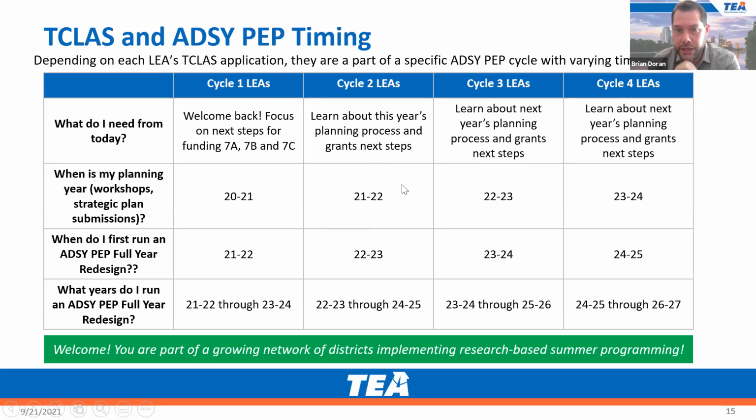You would have received your award notification saying you are approved for Decision 7. This includes planning in X year and execution in X year. So if you take a look at that and you see that you're planning in 22-23 and executing in 23-24, that means you're part of cycle 3. And then likewise for 21-22 and 22-23.